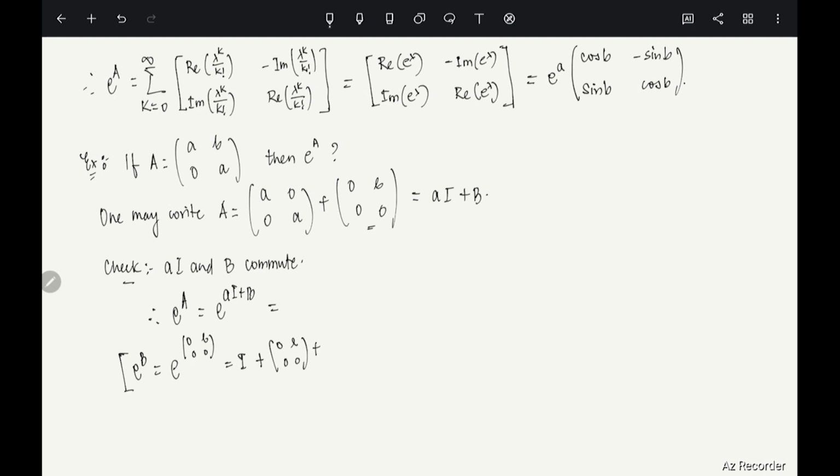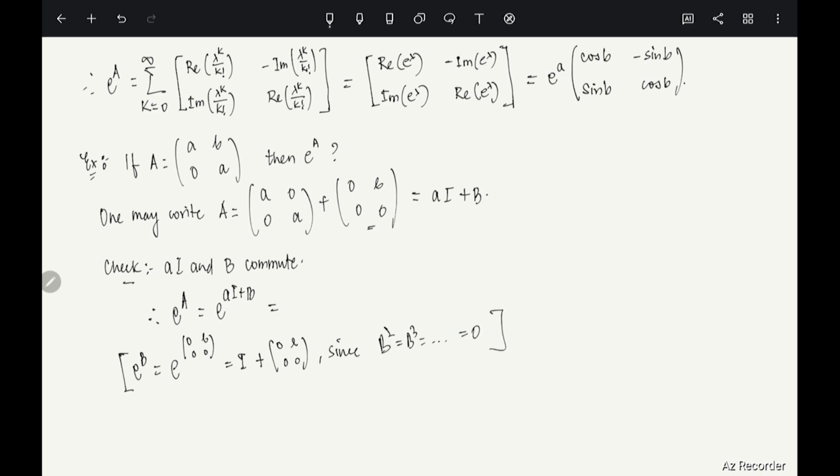B cube is going to be 0. So this will actually be up till here, since B square equals B cube equals, these are all going to be the 0 matrix. So this is identity plus the matrix B.